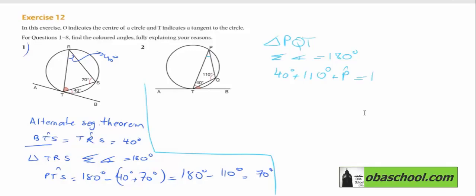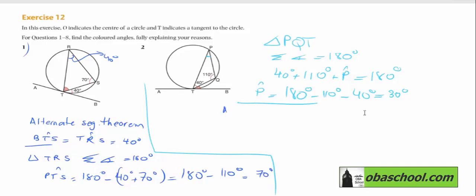And we need to add to it the angle P. And so in such case, all of them are equal to 180. So P is 180 minus 110 minus 40. And that would be equal to 30 degrees. And so in such case, we found the angle P.